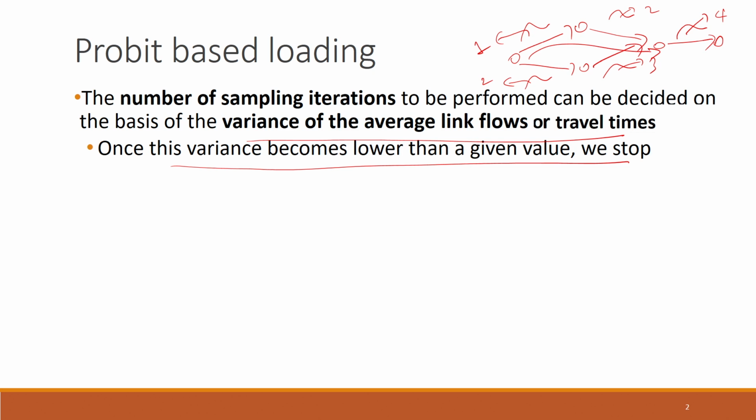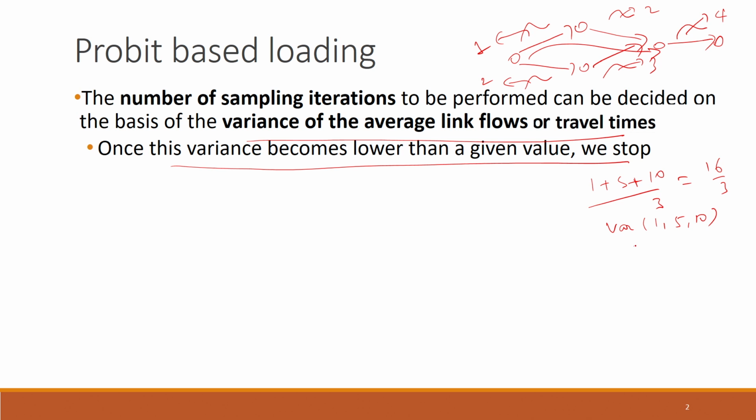Again, just to help you understand, suppose for a particular link these are the values that we got, 1, 5 and 10, from the distributions of the perceived travel time. Suppose we only did 3 iterations, then this is what we got. Now, this is the average value. We can also determine the variance across these 3 values.